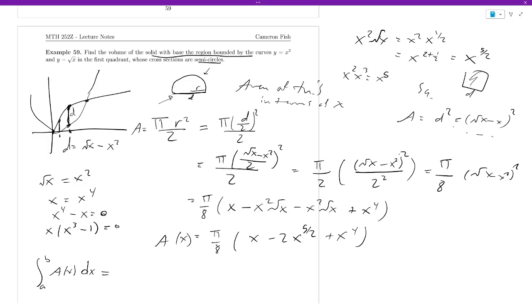And now I'm super happy because I have something times something equals 0. That means either the first part is 0, x equals 0, or the second part is 0. And this one's going to give me x equals 1. So our 2 bounds are going to be 0 and 1, so the 0 makes sense, and then it turns out this is 1.